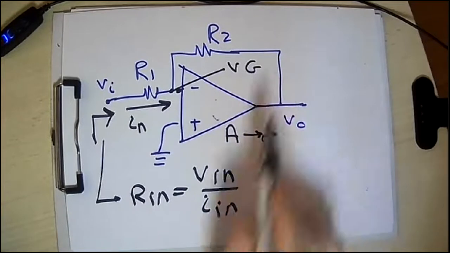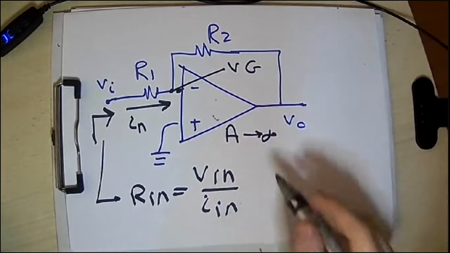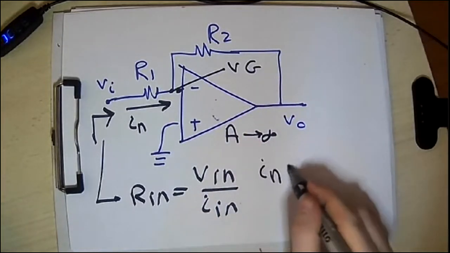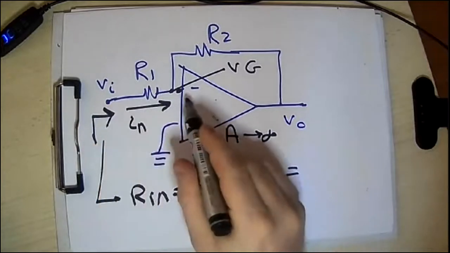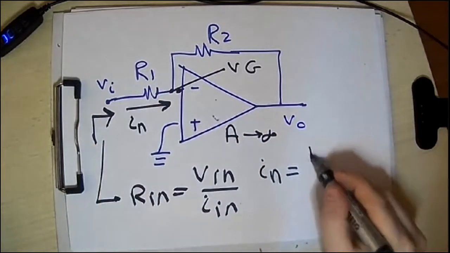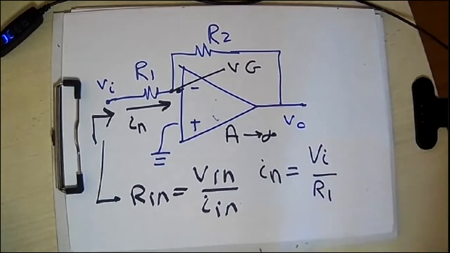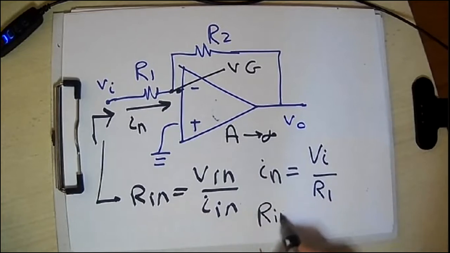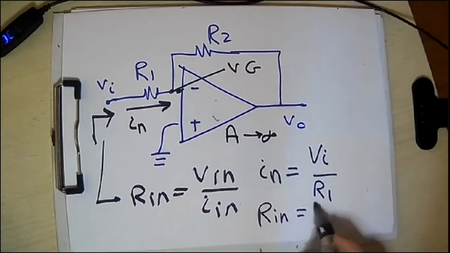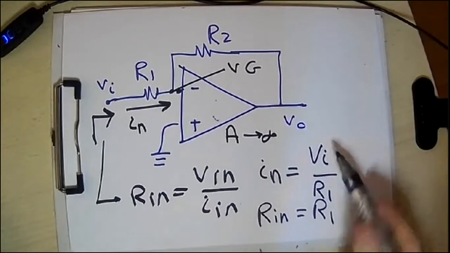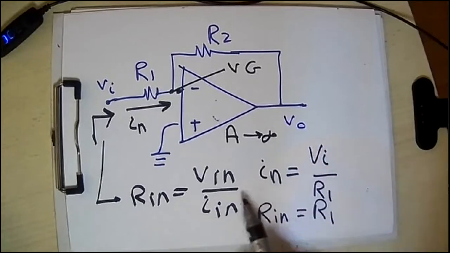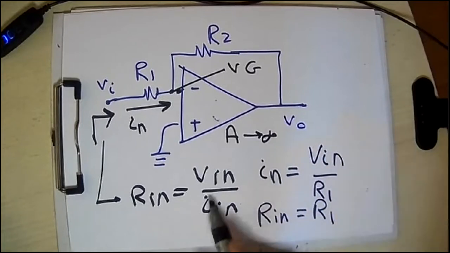We call it VG. That means that Iin is simply equal to Vin minus 0 over R1, which is Vin over R1. By that substitution, you can find that Rin is equal to R1, because simply Vin over Vin over R1 results in R1.